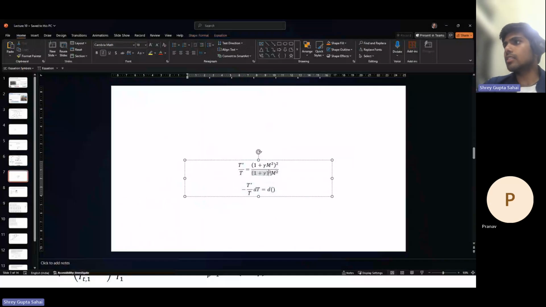I can take this thing out, and this one is twice of this value. Not, no, no, no. 1 plus 1 by Mach square, gamma, divided by this entire thing.